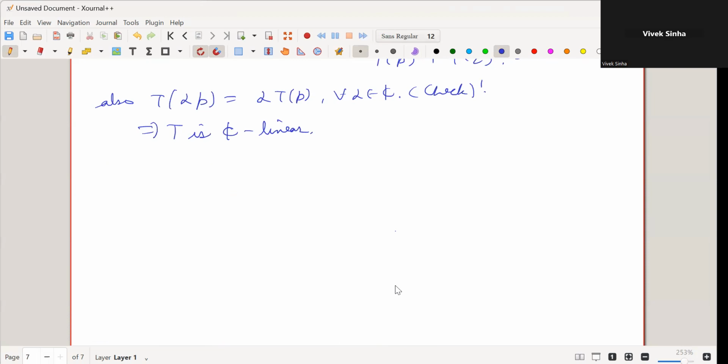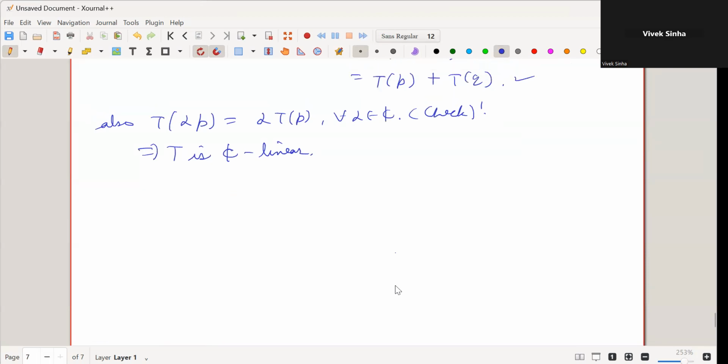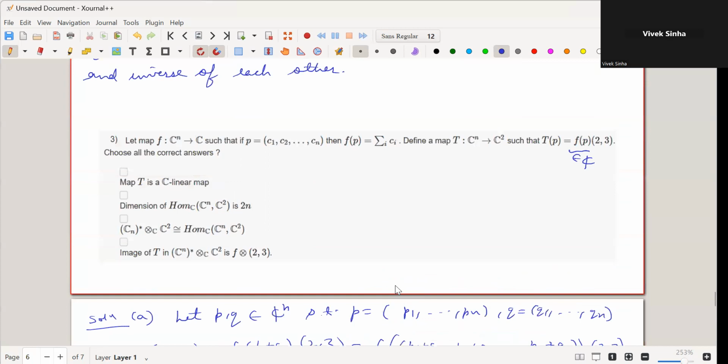So the second one says the dimension of Hom(C^n, C^2) is 2n. Now this is coming from the third part, right?